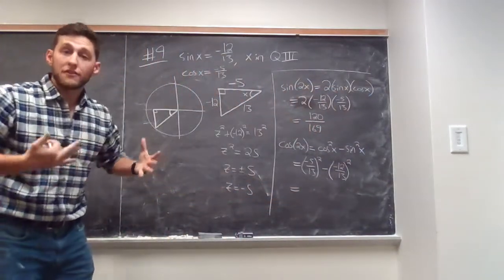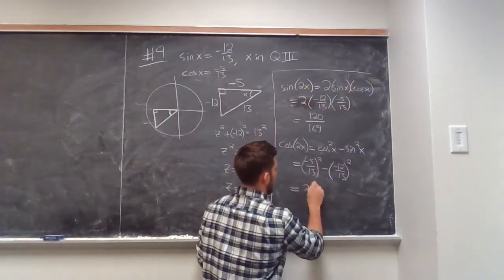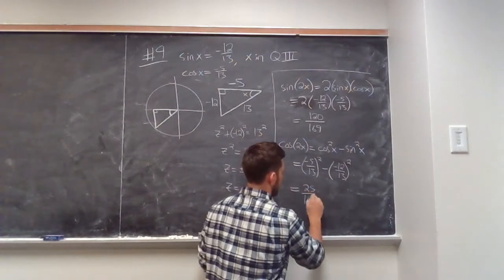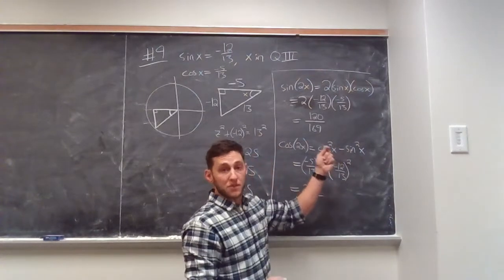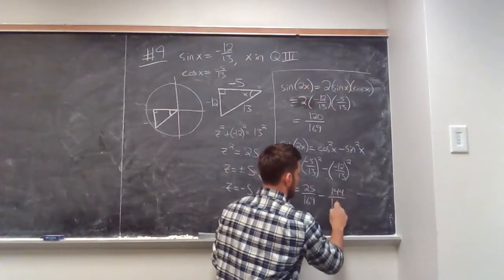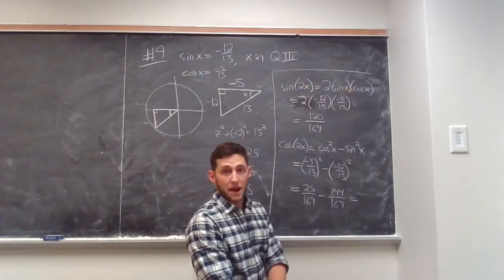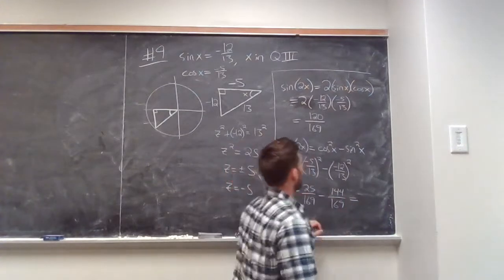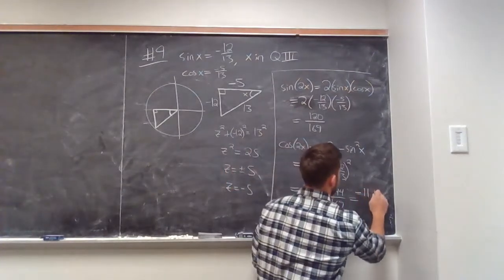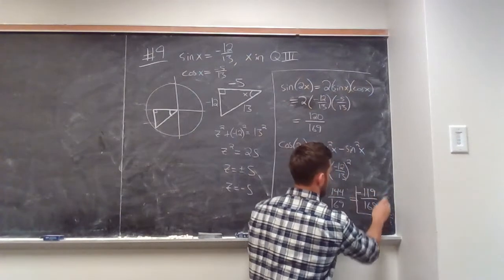Well, when we square a fraction, we square both the top and the bottom, so we'll get 25 over 169 minus negative 12 squared is 144 over 169, which, if we plug into a calculator and just do out the math, will give me negative 119 divided by 169.